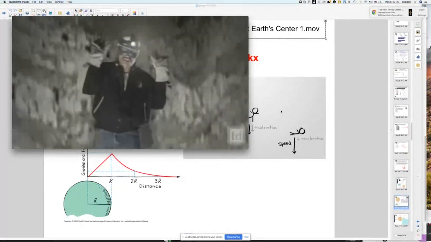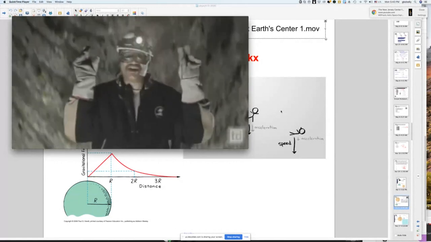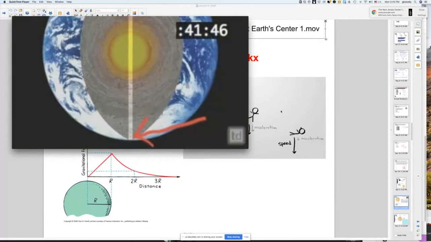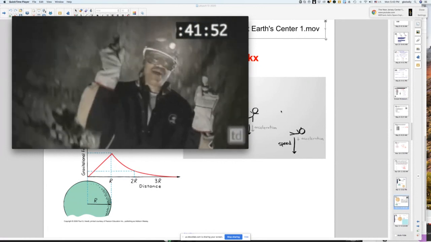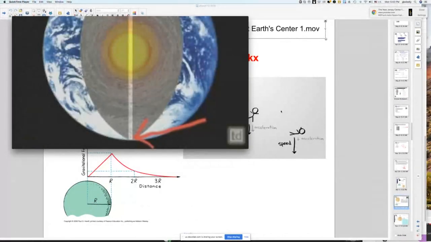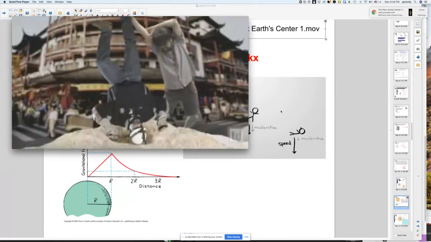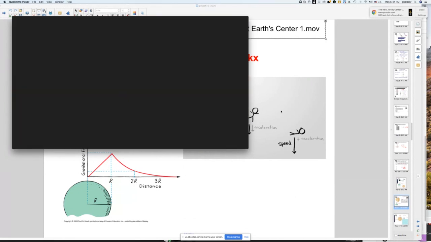It'll take only 42 minutes to make the entire trip to the other side, at which point I'll slow to a full stop. Just like when I started, all of Earth's mass will pull me back towards the core. Unless somebody catches me, I'll fall down the hole again and yo-yo back and forth forever. Thank you. No problem.